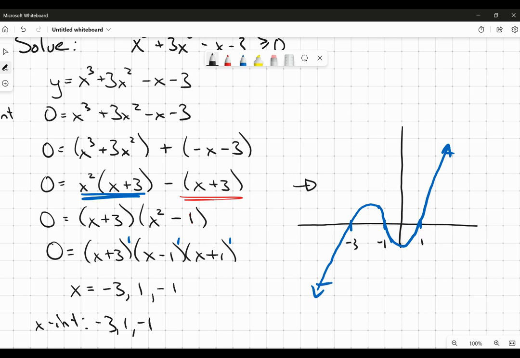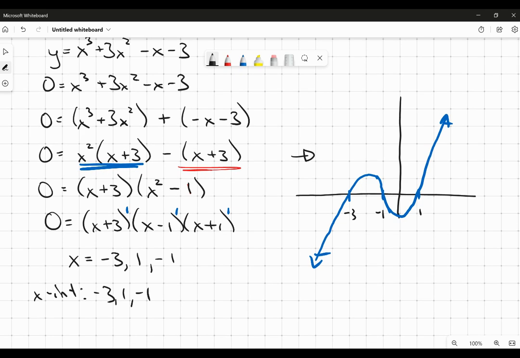So for any value of x to the left of negative 3, notice that the graph is below the x-axis. But between negative 3 and negative 1, it's above. Between negative 1 and 1, it's below. So that's no good. And then to the right of 1, it works.